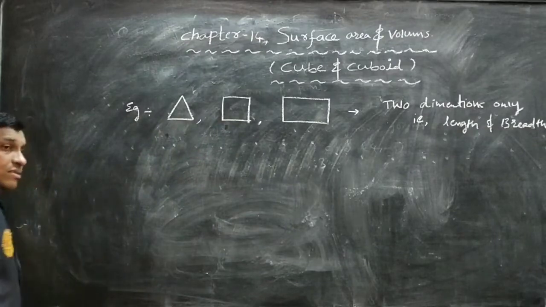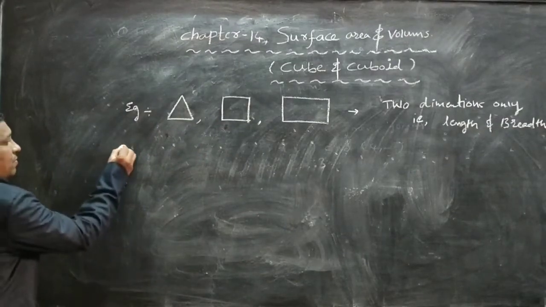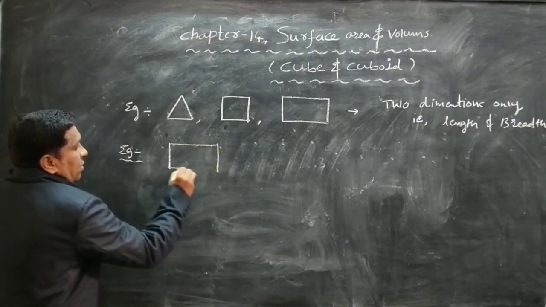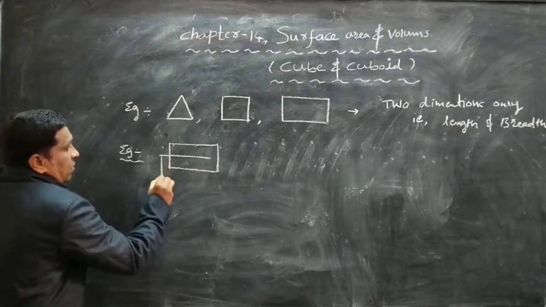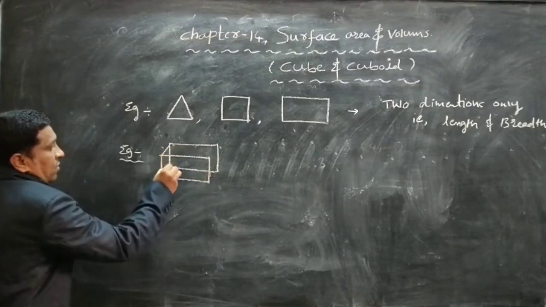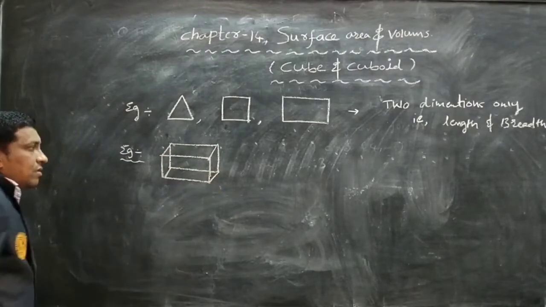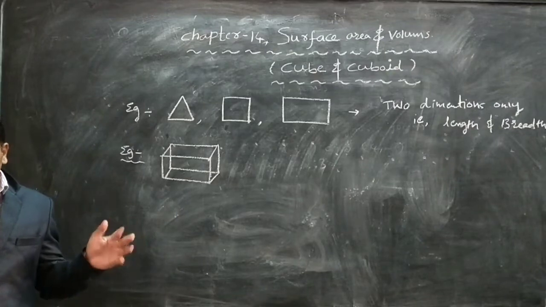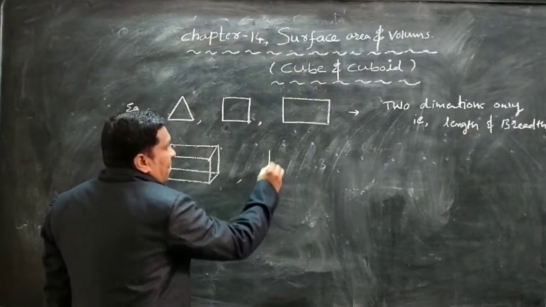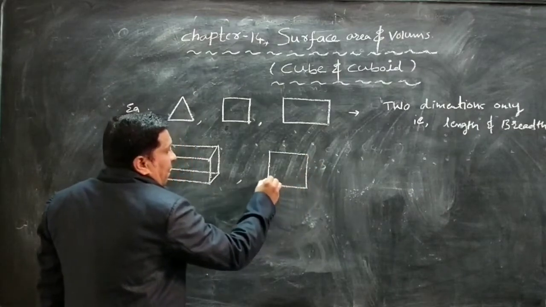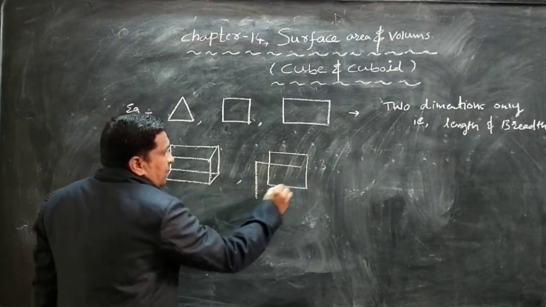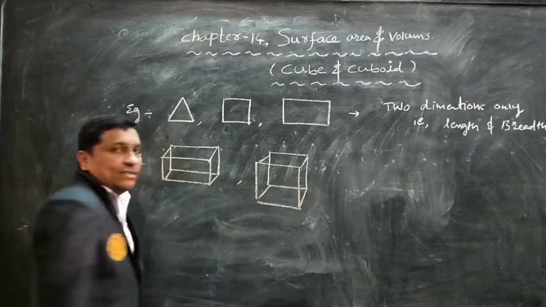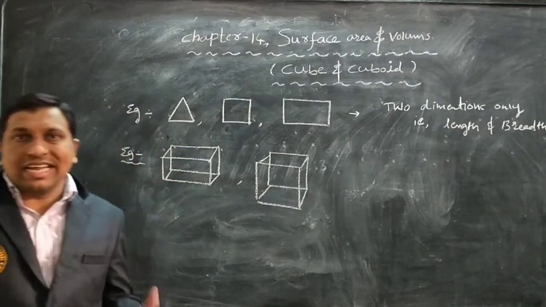Now we are observing some other examples. For example, this is a cuboid, just like a small box. This one is a cube, just like a dice.